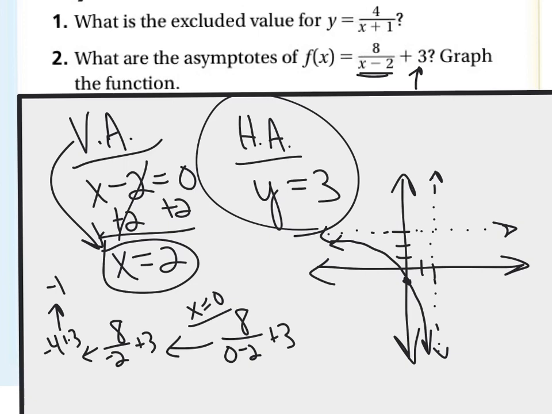And then we could pick something to the right of that. So this was x equals 2. If you want to put x equals 3, we could do that. So if x was 3, that'd be 8 over 1 plus 3. So that'd be 8 plus 3, which is 11. So we'd be at 3, 11, which just tells me that it's going to be above.